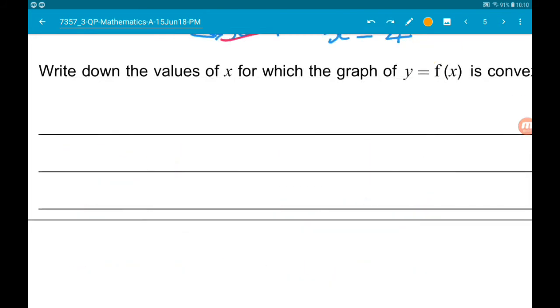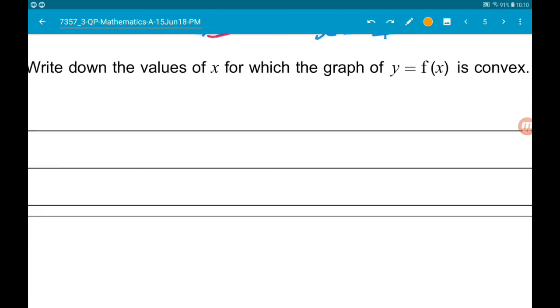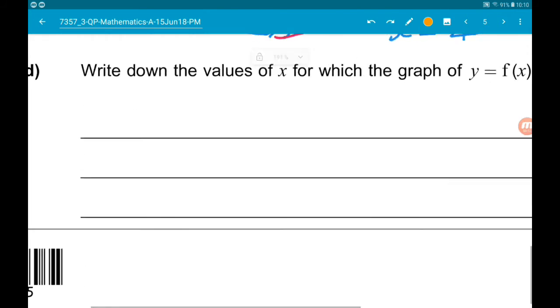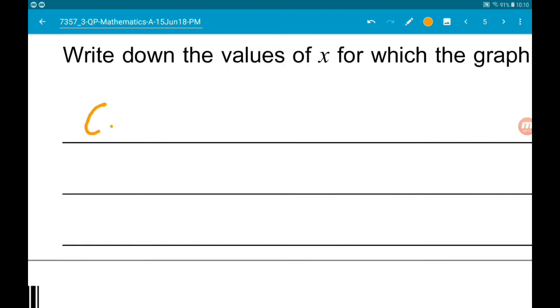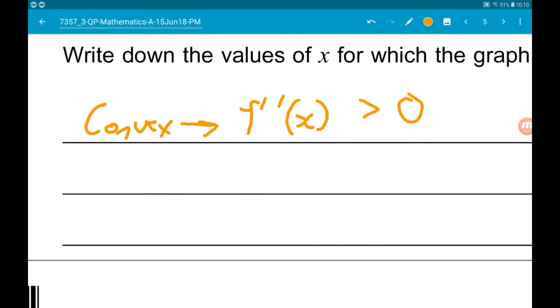Okay, then for part D, we want to write down the values of x for which the graph of y equals f of x is convex. So, convex happens when the second derivative is greater than 0.